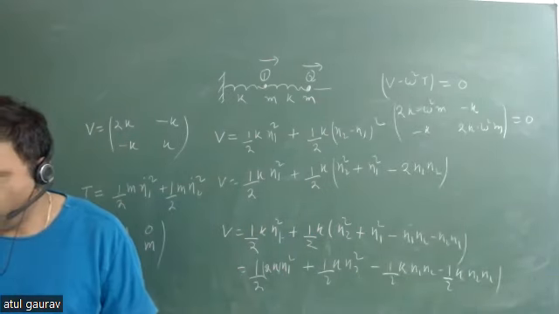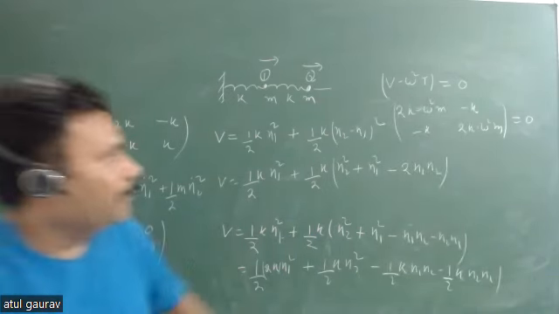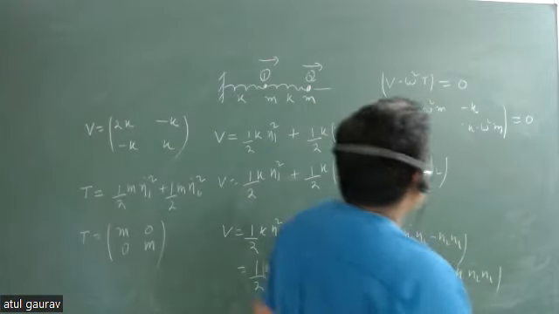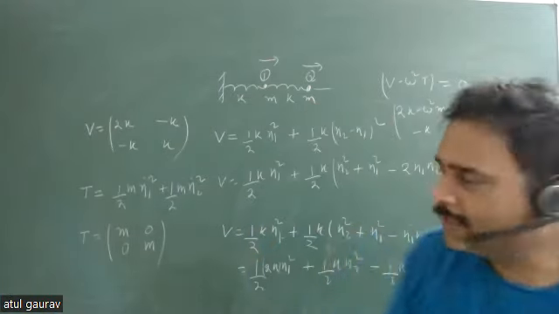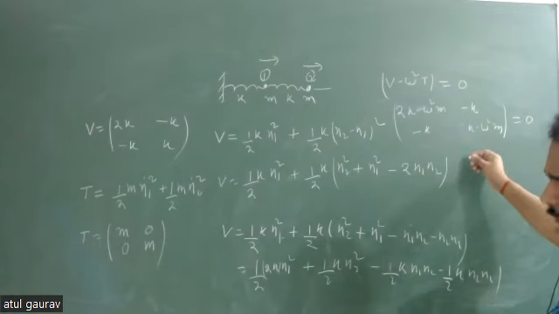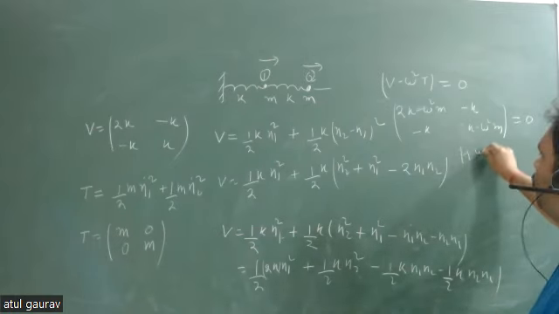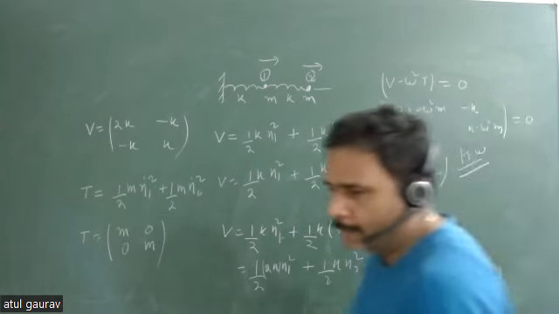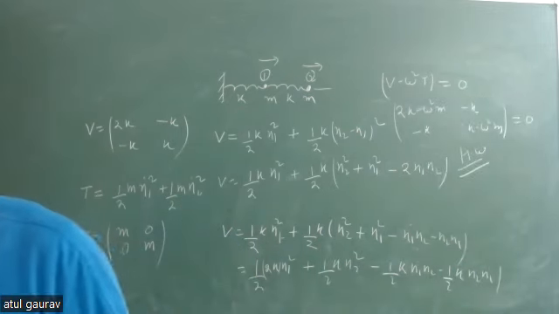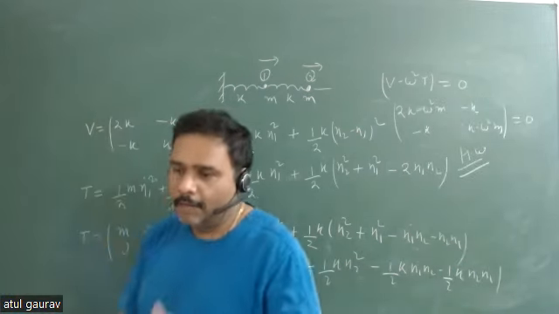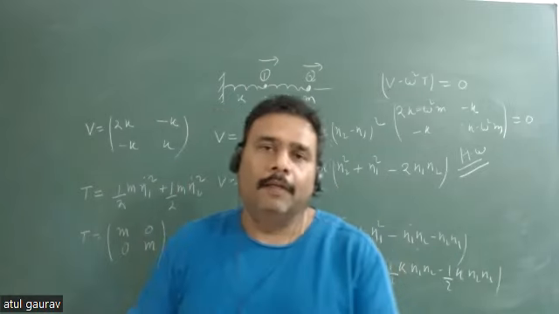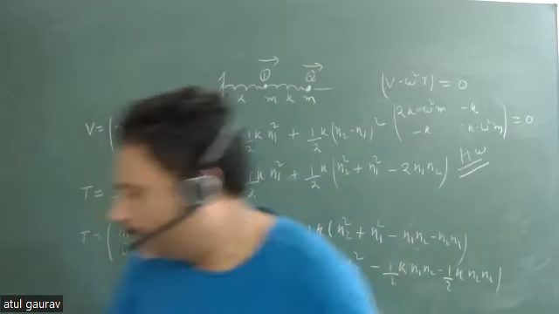Okay? So just try to solve it. I am just giving you as a homework. Solve कर पाओगे? Just try to solve it. ठीक है? Okay. So this is from my side of a basic problem of small oscillation.